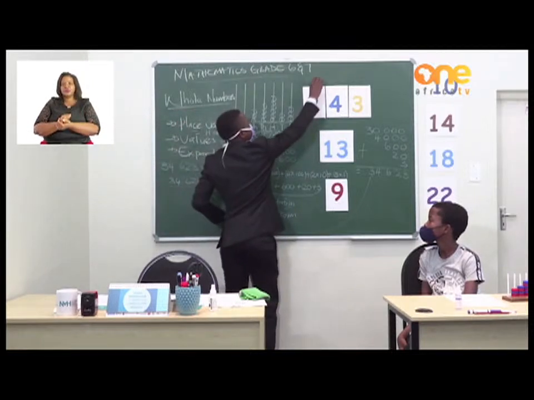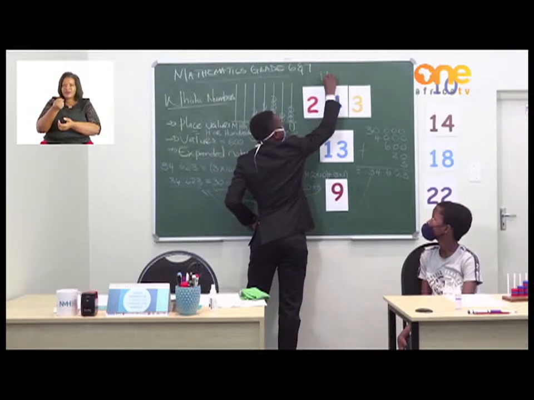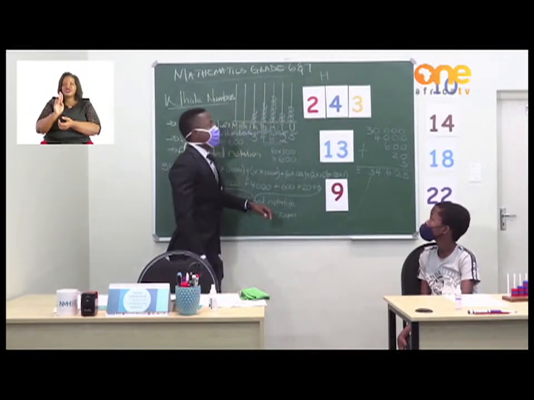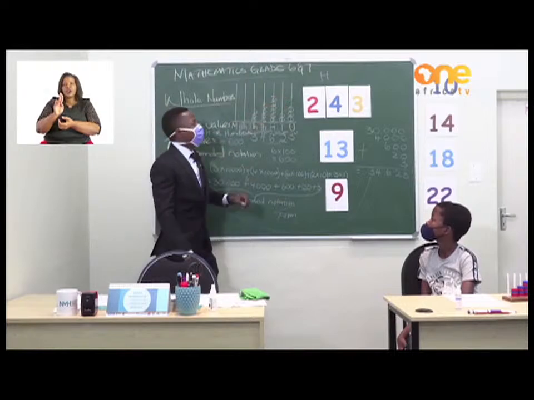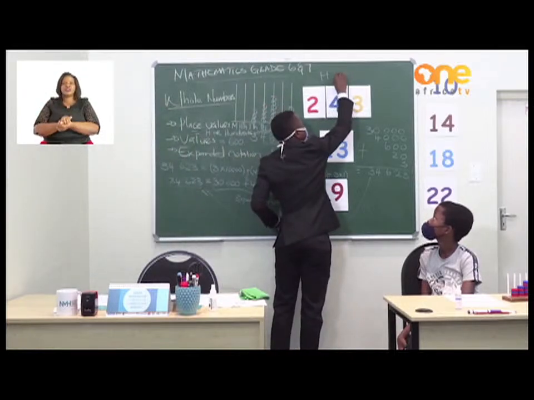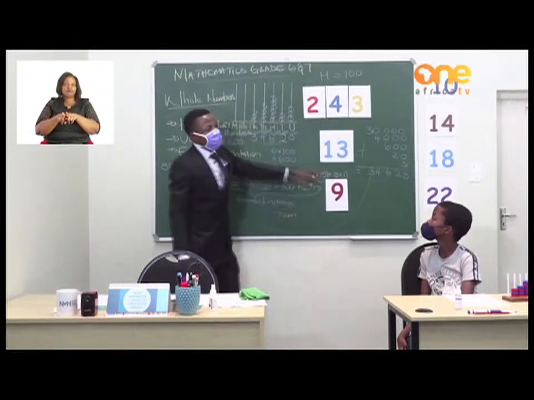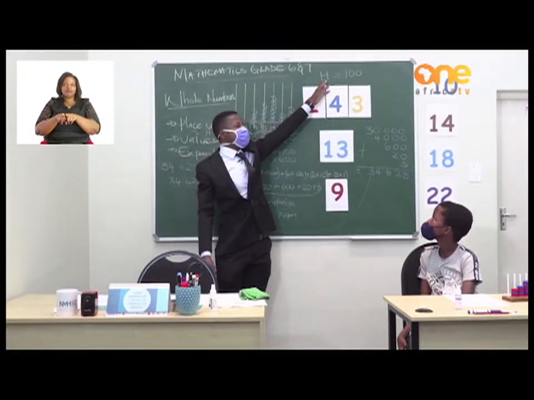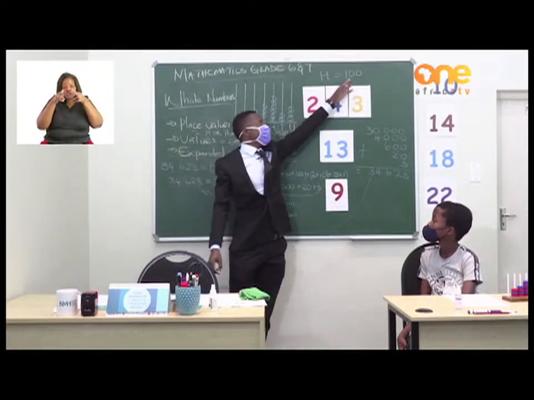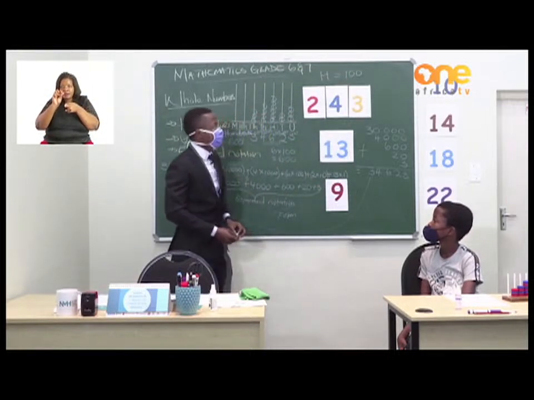If I have H for hundreds, this is the same as 100. This is just written in words or in abbreviation, and that is in numeric.